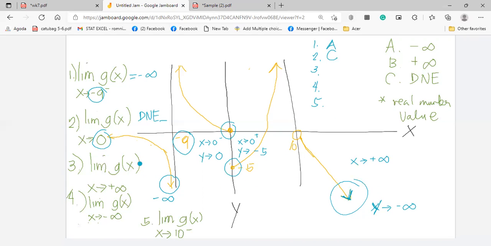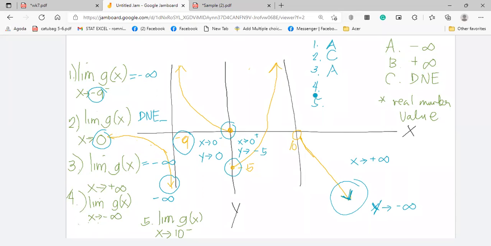Okay, so the answer here must be negative infinity. At madalas na ganyan na mga functions, ito yung mga slope na negative. Decreasing. As x increases, y decreases. Decreasing function sila. Number 3, the answer is A. Sa tingin nyo mali yung sagot ko, you're free to stick. Okay? So number 3, it's negative infinity.